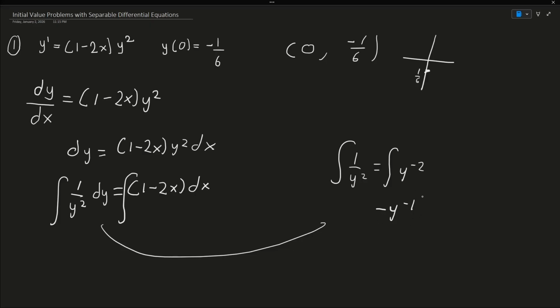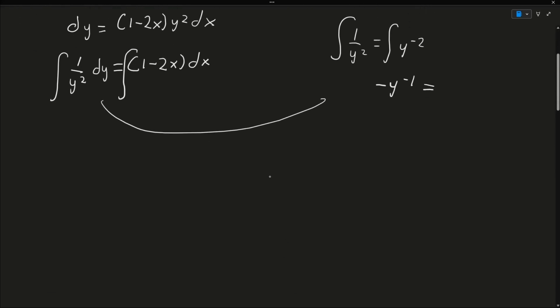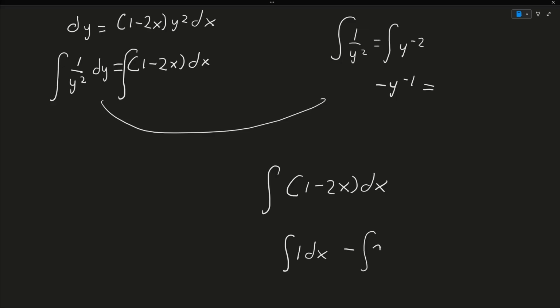So this is the antiderivative of the left-hand side, and it equals the integral of 1 minus 2x dx. We can write this as two different integrals: the integral of 1 dx and minus the integral of 2x dx. Notice how I pushed the negative outside the integral, which we can do because -1 is a constant.